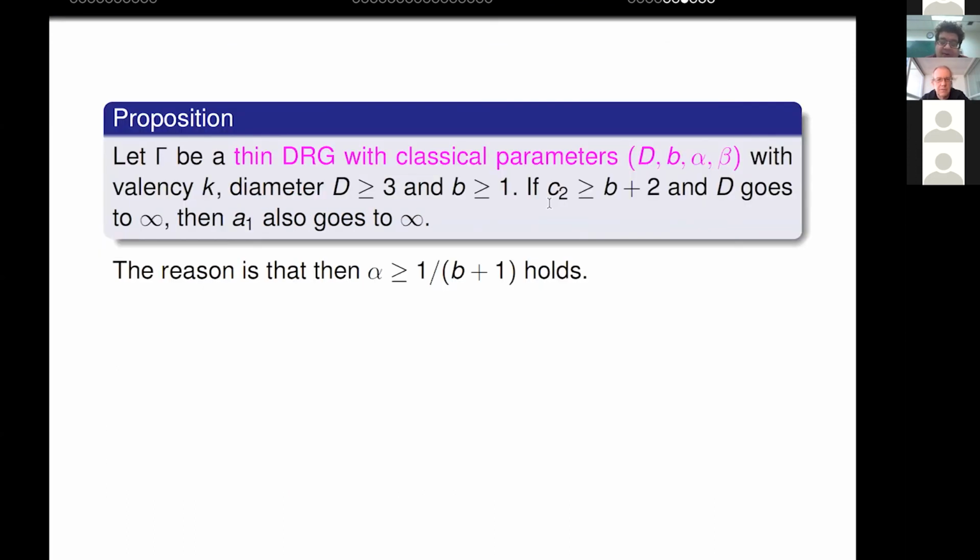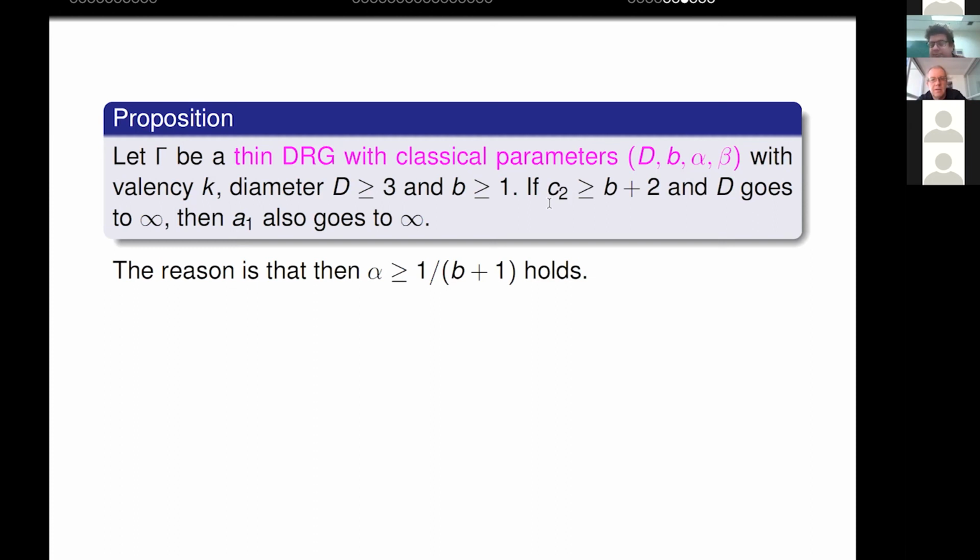So you can look at the parameters for a1, and that is some function of d, but you have to multiply with an alpha somewhere, and if this alpha is large enough, and here we have that alpha is at least 1 over b plus 1, so it's a positive number bounded away from 0.